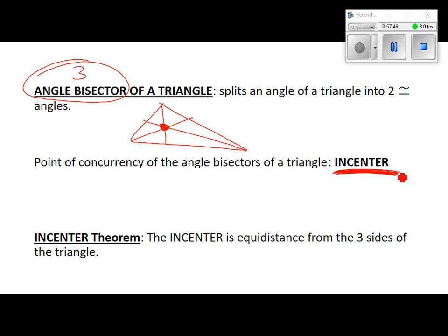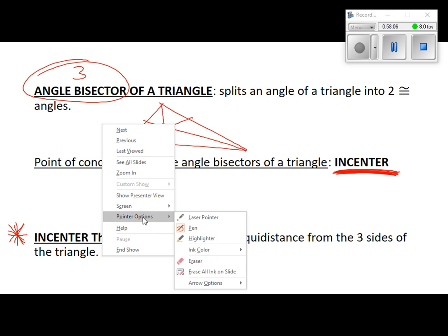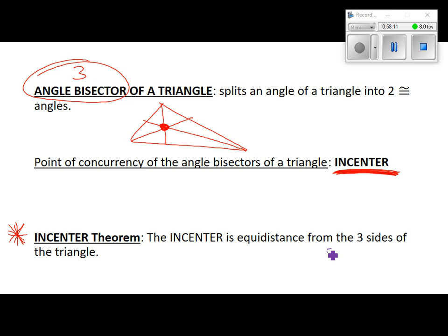The incenter theorem. This may be the most important theorem of all 3 of these. The incenter theorem: the incenter is equidistant from the 3 sides of the triangle. So if you find that incenter, it's the same distance from this side of the triangle as it is to that side, as it is to that side.